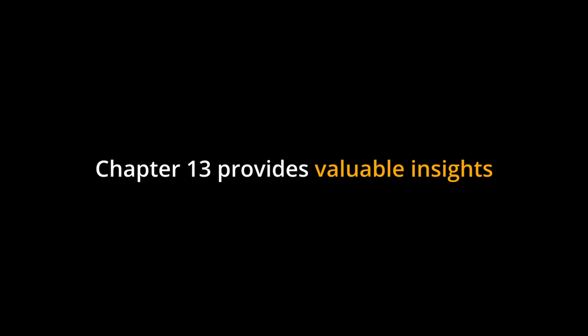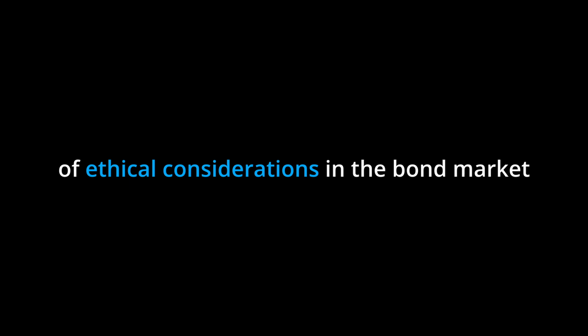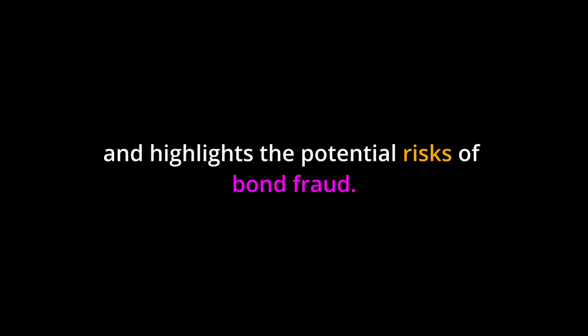Conclusion. Chapter 13 provides valuable insights into the complex world of long-term liabilities and the role of bonds in financing business activities. By understanding the differences between current and long-term liabilities, as well as the fundamentals of bonds, you can make informed financial decisions. The chapter emphasizes the importance of ethical considerations in the bond market and highlights the potential risks of bond fraud.